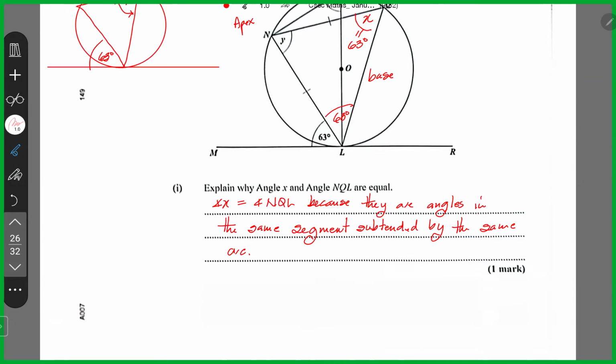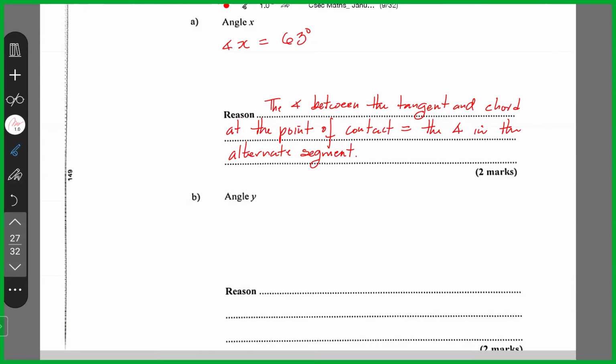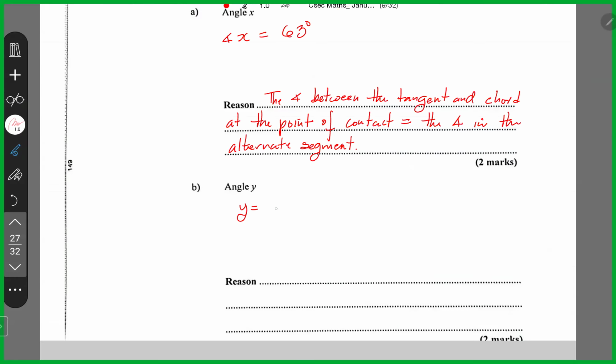Since the angles in a triangle add up to 180 degrees, Y would be equal to 180 minus 63 plus 63. It's 180 minus 126. This would be 54 degrees.